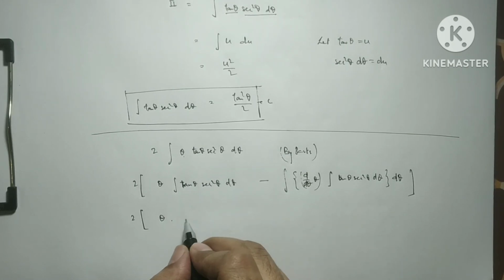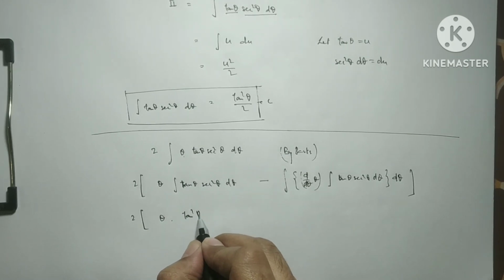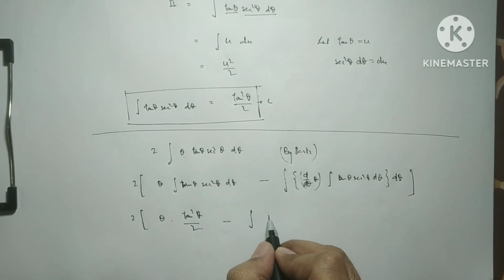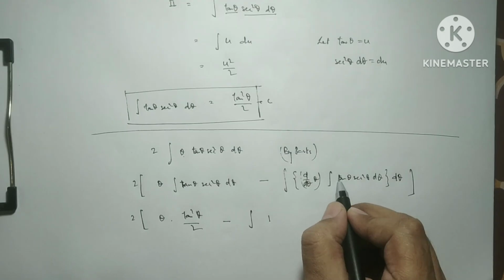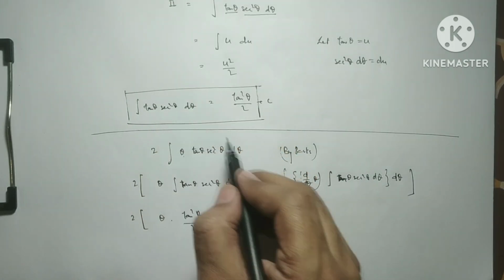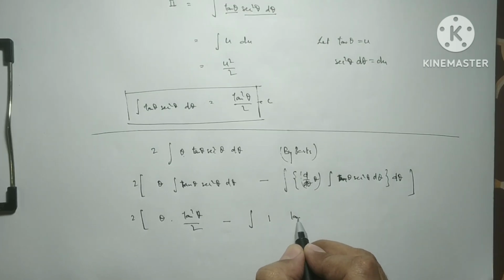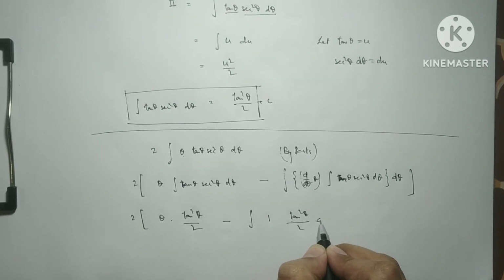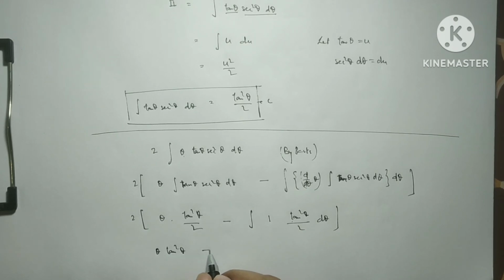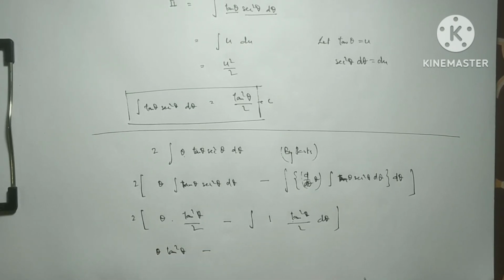So we place the value tan square theta by 2, minus the differentiation of theta is 1, and again the integration of tan theta sec square theta means this part is tan square theta by 2. So it will be cancelled out. We get theta tan square theta, and this 2 and 2 will be cancelled, and we have tan square theta.